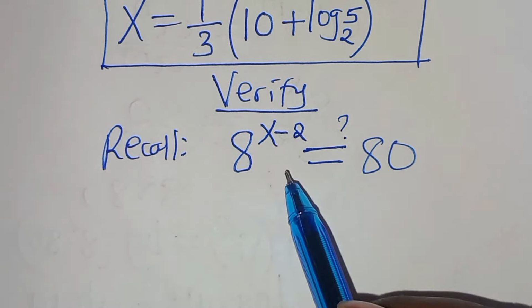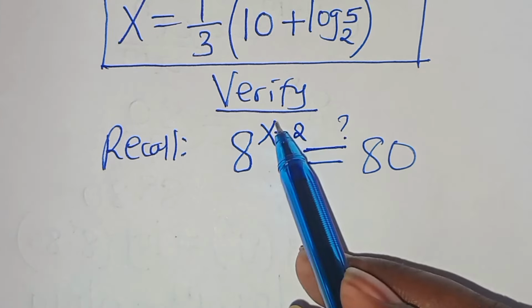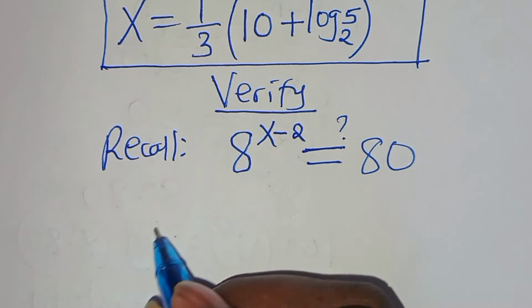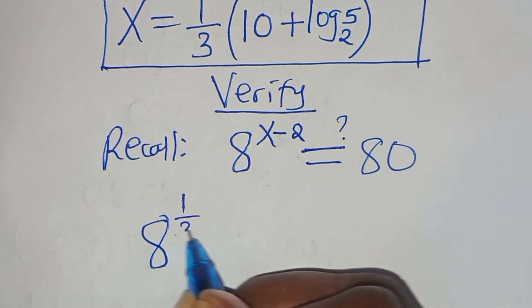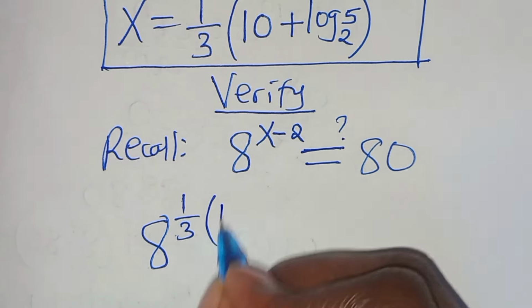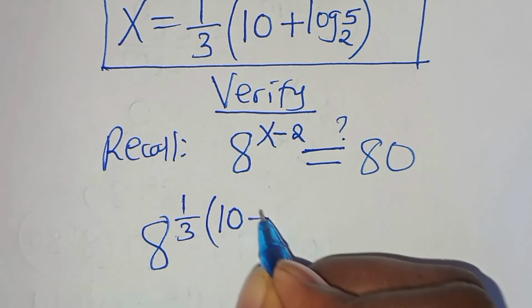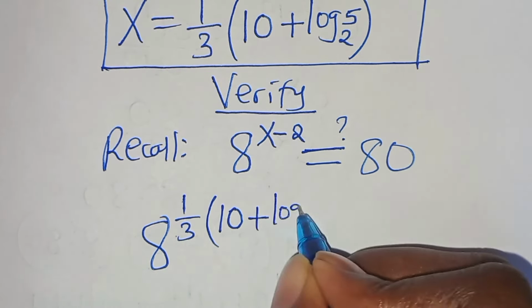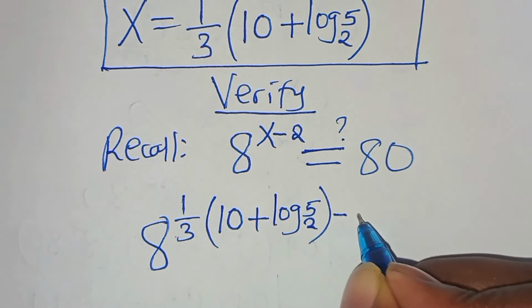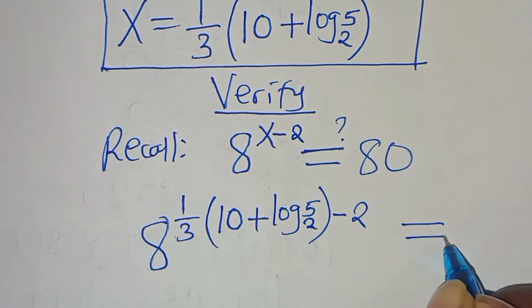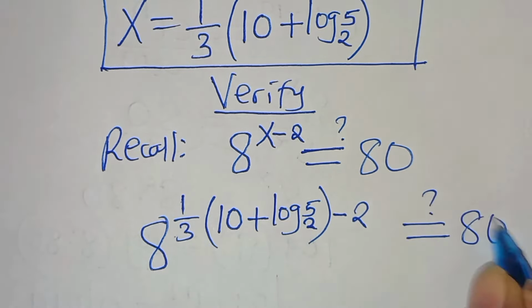So let's substitute the value of x here, so that we have 8 raised to the power of 1 over 3 into the parentheses, 10 plus log 5 to base 2, subtract 2. This is supposed to give us a value of 80.